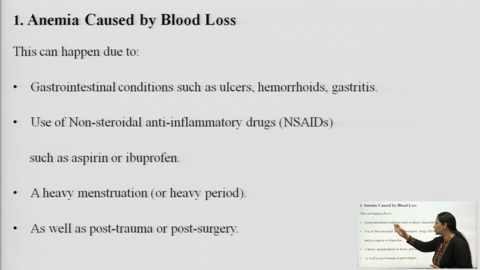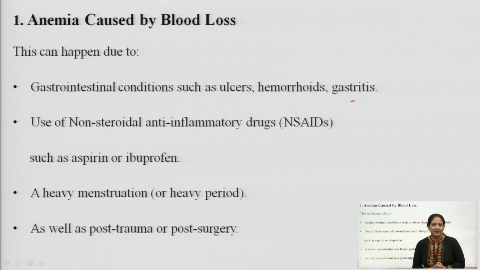Some gastrointestinal conditions like ulcer, hemorrhoid or gastric inflammation, that is gastritis, can also cause it. Gastric means stomach and itis means inflammation. So gastric inflammation and gastric ulcer due to the unnecessary use of medicine sometimes cause anemia.